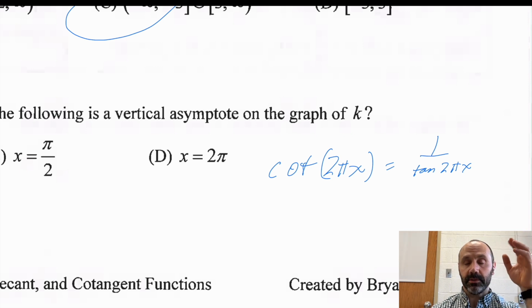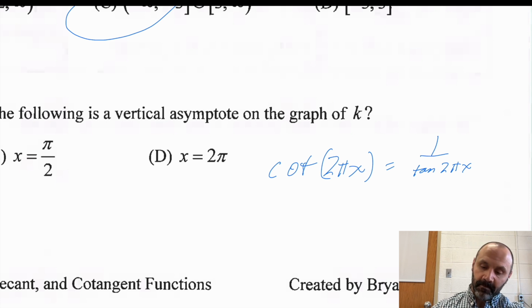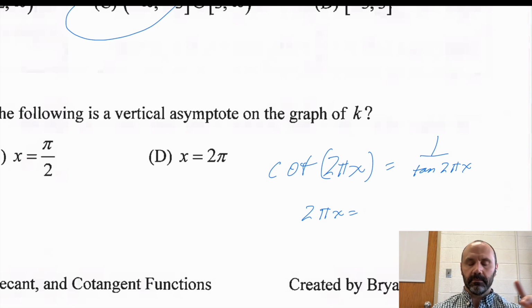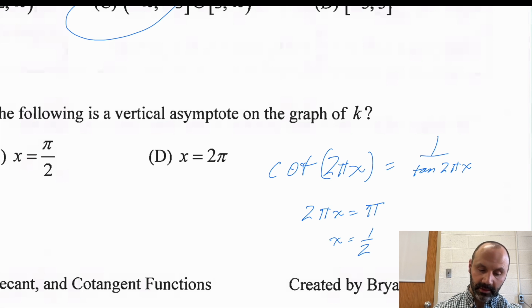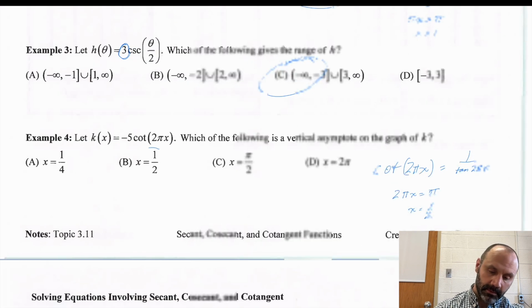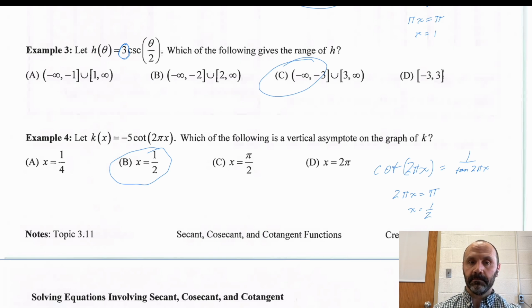Those are where sine equals 0, at 0, pi, etc. So when 2 pi x equals pi, or any multiple of pi, x is going to be 1/2. So at the value 1/2, there's going to be an asymptote of cotangent of 2 pi x.